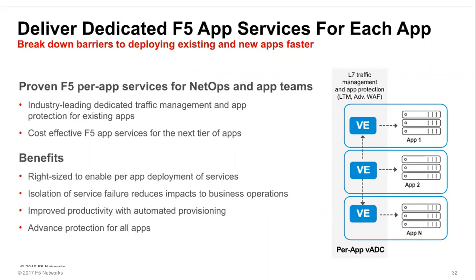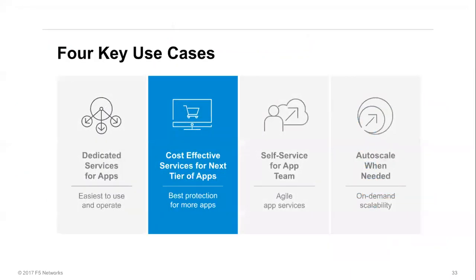So it improves productivity with automated provisioning, and there is a level of advanced protection for all apps that are being deployed. So in an organization or system, you can have more than one cloud edition for different apps that are dedicated to them, and they all can be managed by the Big IQ.